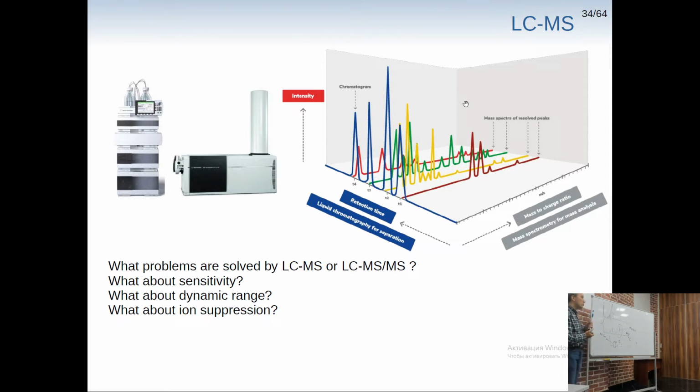Usually those rules are simple. Just get the most intensive ion and then put it in a temporary blacklist for, let's say, 10 seconds. So for 10 seconds you will not analyze this mass even if it is the highest one.